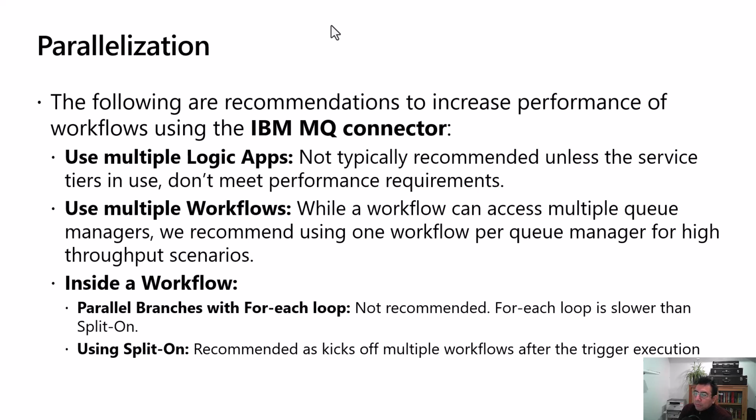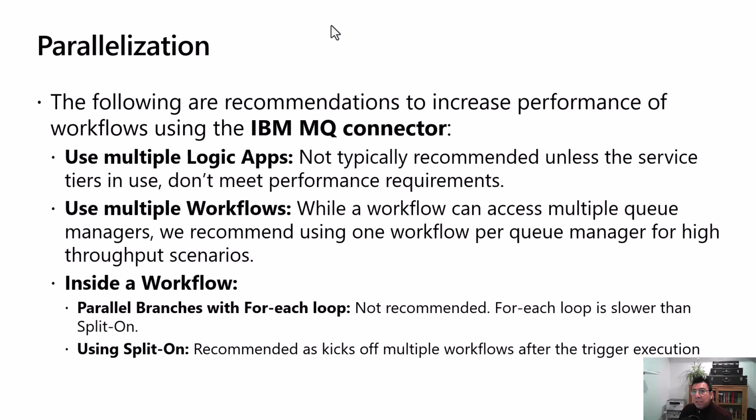Use multiple workflows. While a workflow can access multiple queue managers, we recommend using one workflow per queue manager for high throughput scenarios. This is interesting, right? A queue manager hosts a number of queues, and while there is nothing preventing you from using different queue managers in a workflow, the triggers tackle one queue manager.